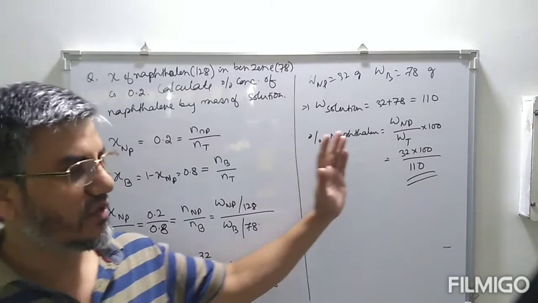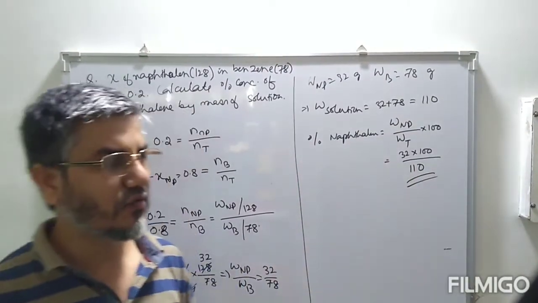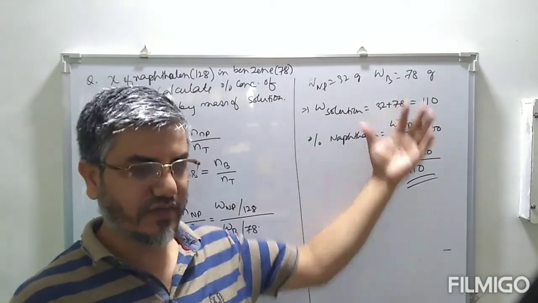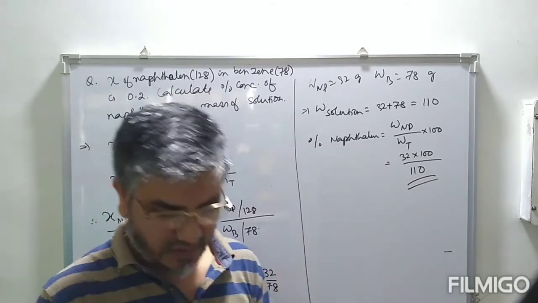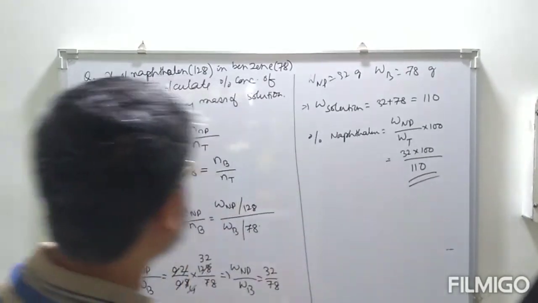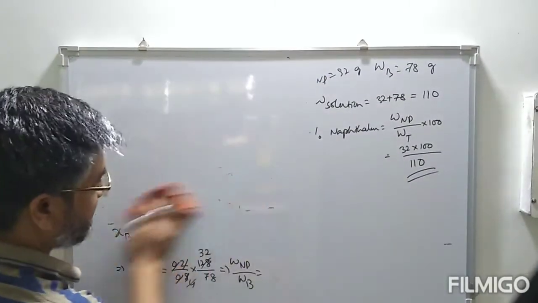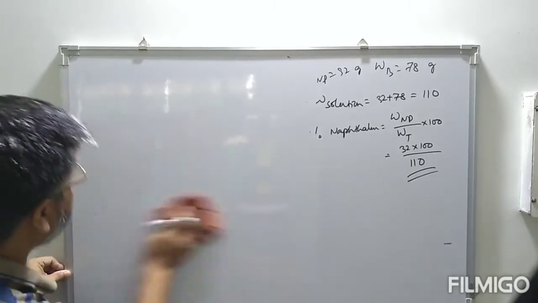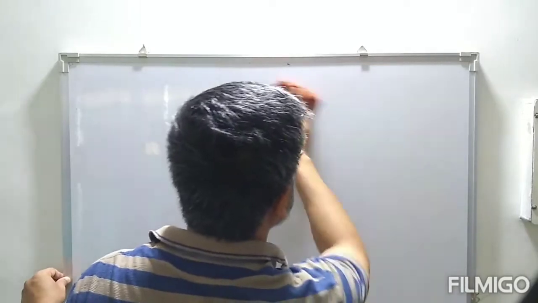So we have molarity, we have molality, we have percentage, under this we have different types of percentage, then we have mole fraction. Now there is one more thing, that is if two different solutions with different concentration are mixed, then how to find the resultant concentration of the mixture.